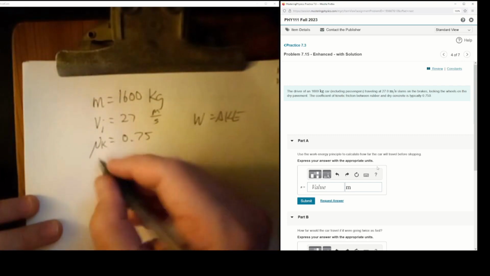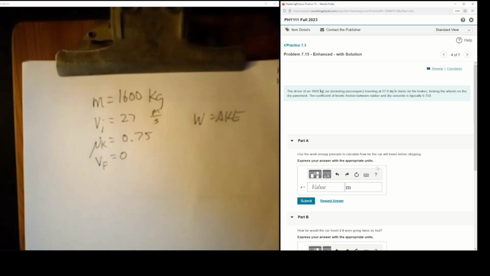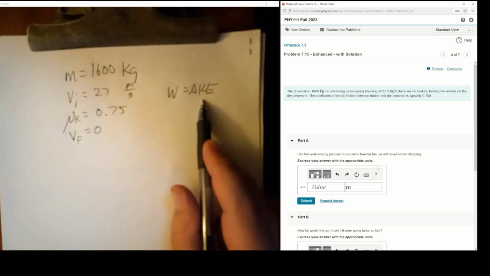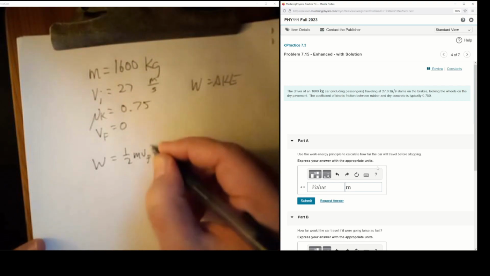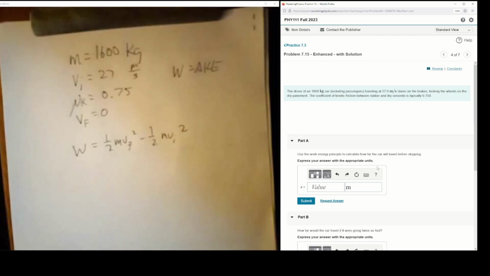Well, stopping means the final velocity is 0. So if we look at the work kinetic energy theorem, we have work equals final kinetic energy minus initial kinetic energy.